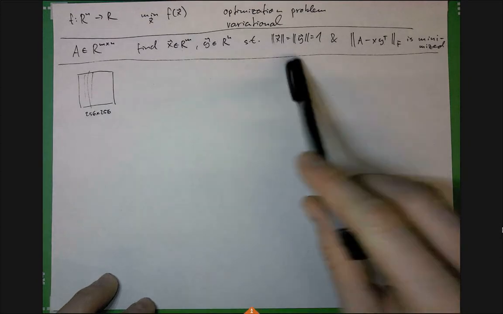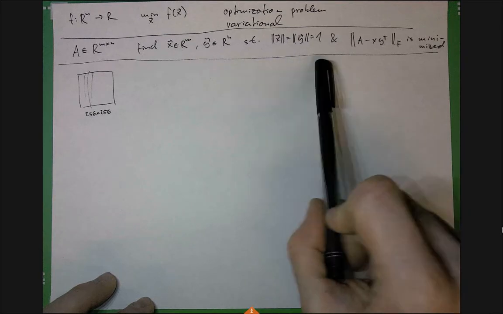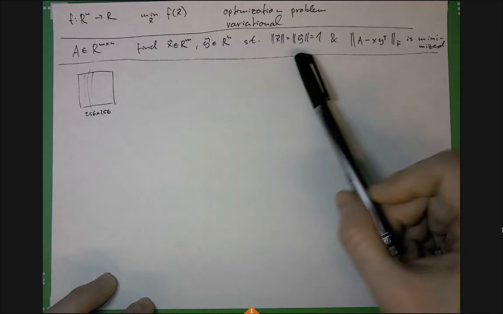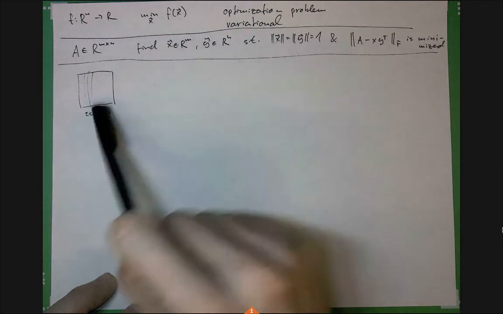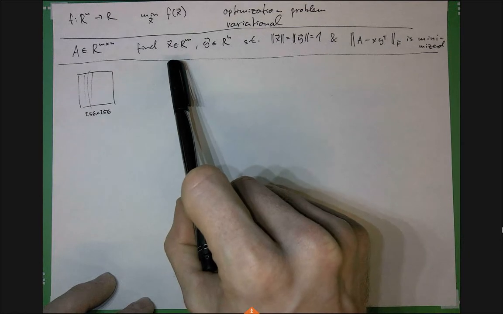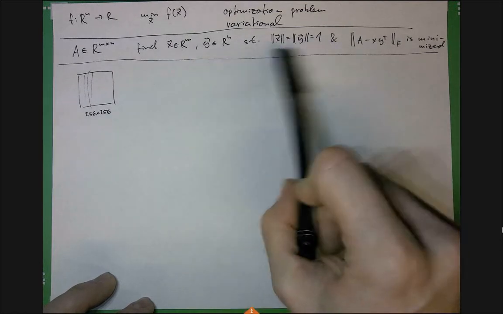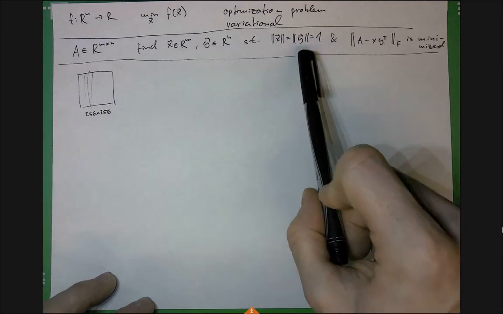You can view this as a poor man's image compression, poor man's because all you are allowed are only two vectors, in this case two 256 dimensional vectors. Moreover, their norm must be 1, so there's an additional constraint there.